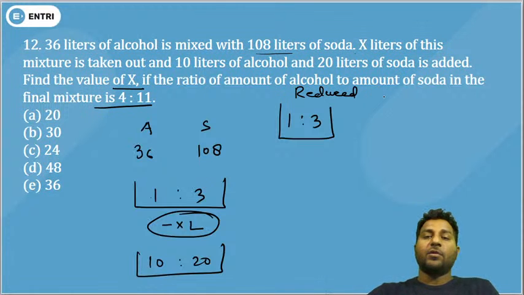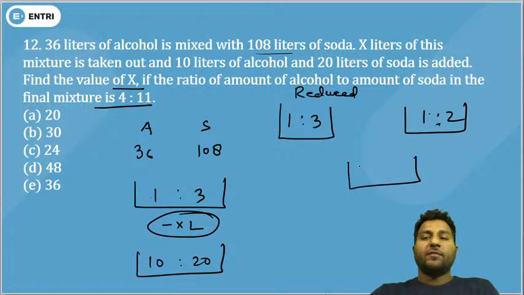That means 144 liter of mixture. And we added in the ratio 1:2 and we got the final ratio of alcohol to soda of 4:11.